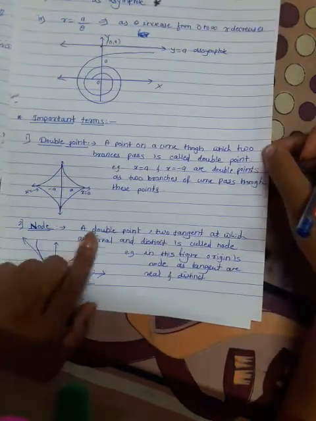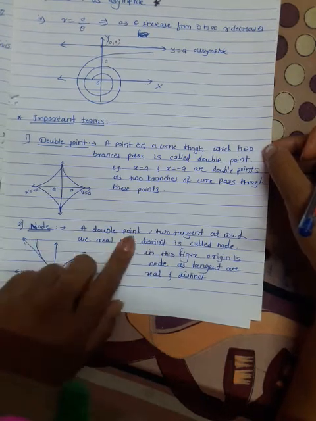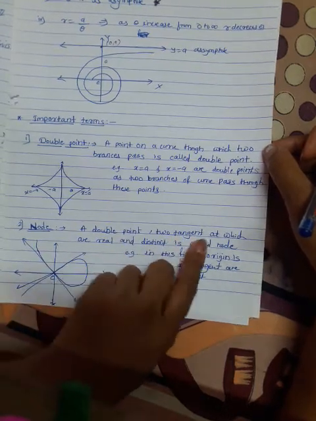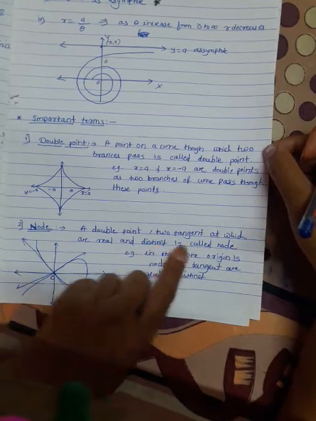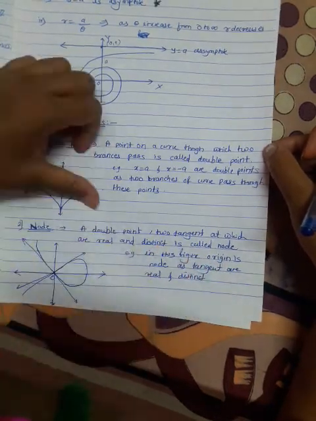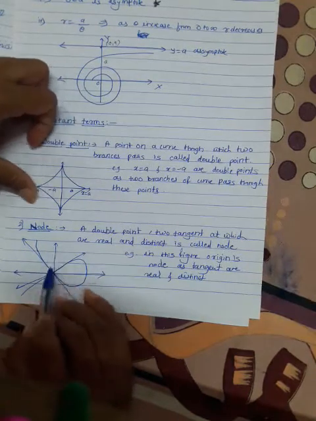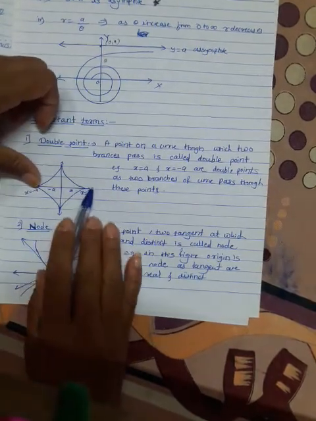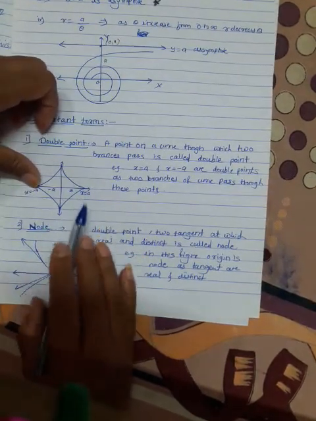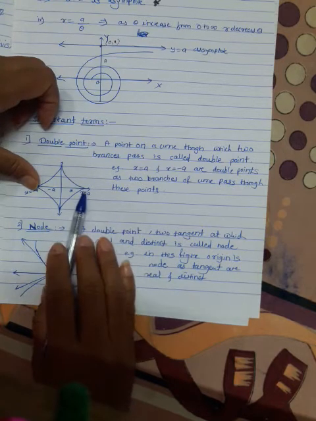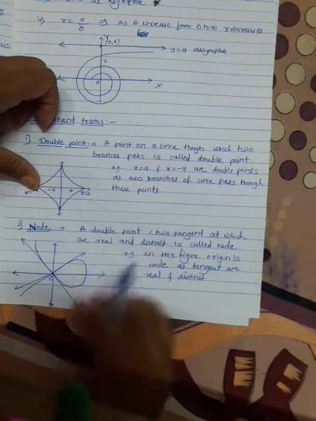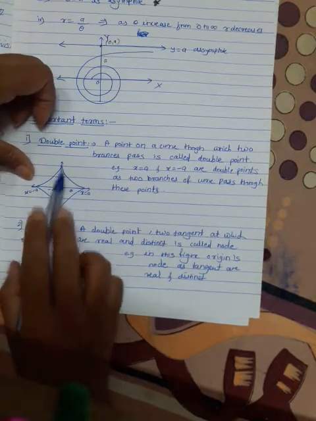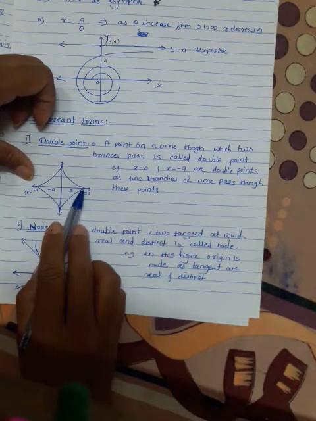Next, node. A node is a double point where the two tangents are real and distinct. It means a double point where two branches of the curve pass, but the tangents at that particular point are real and distinct. There are two different tangents at that point, whereas in the earlier double point case there is only one tangent.